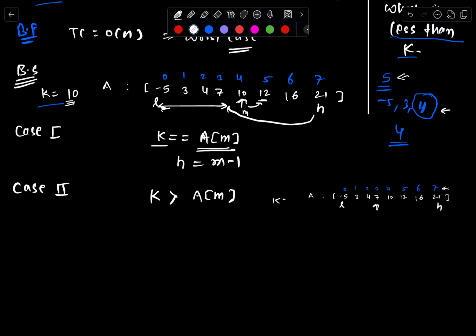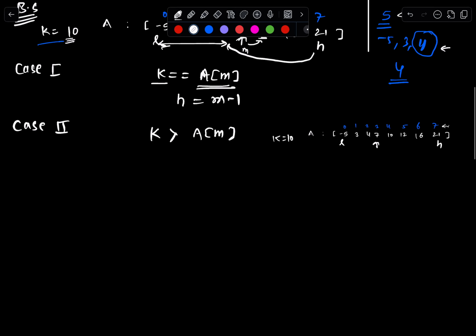If my target is 10, okay. So in this case, just think about it. Okay, let's do one thing. Let's talk about case 3 first, then I will come back to case 2. And my case 3 is K is less than the middle element. Okay. So again, let me take this array.